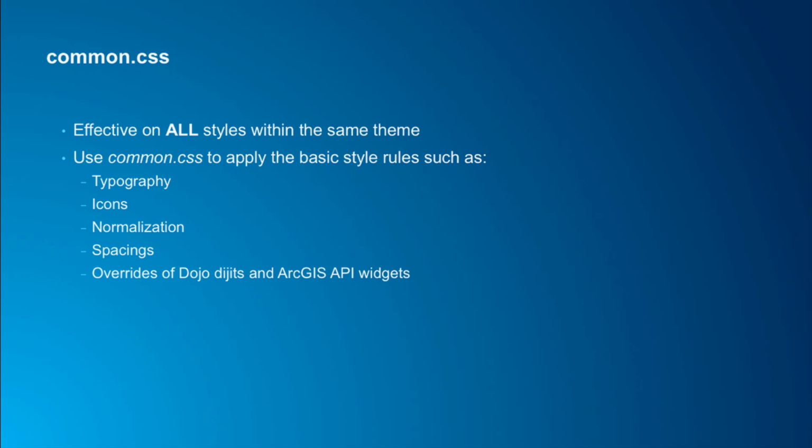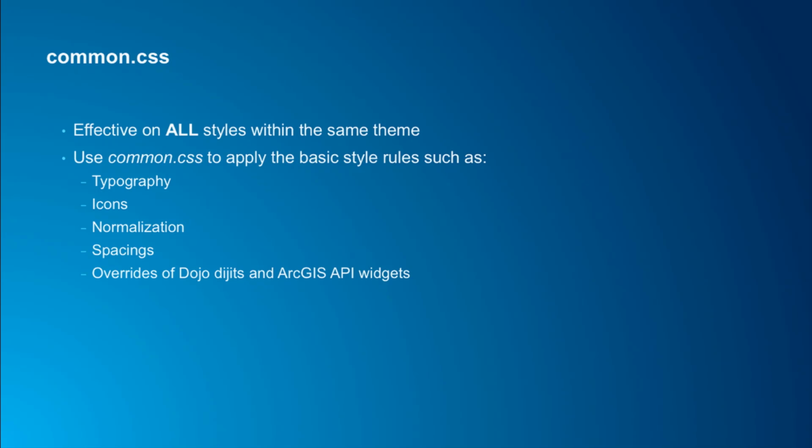So here's an example. If you open the foldable theme, if you are familiar enough with Dojo framework, you can tell some of the UI elements have the Claro theme applied to them.